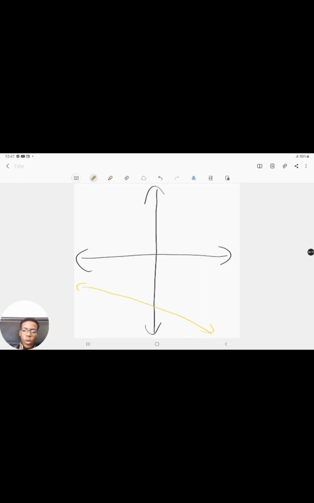Okay, where your y-intercept is at 0 and minus 10, and your asymptote is at minus 6, and the equation is y is equal to negative 4 times 4 to the power of x, minus 6. Okay, and then this is what your graph would look like.